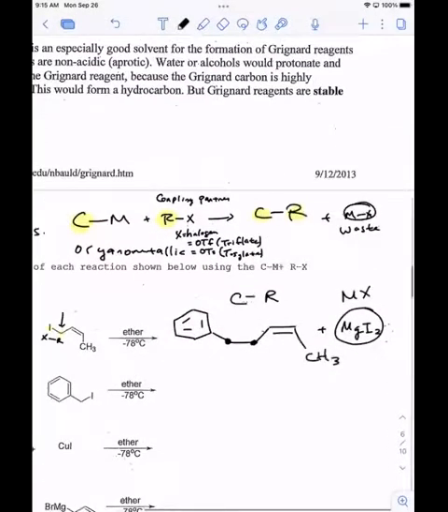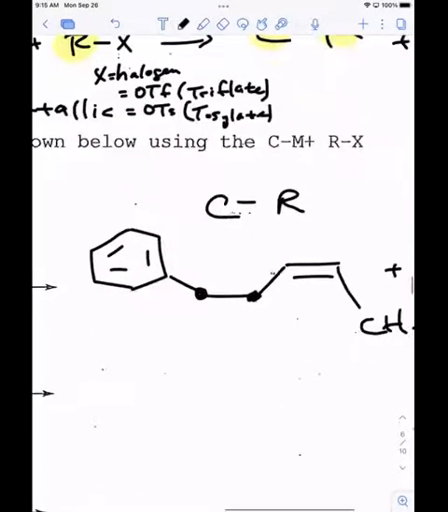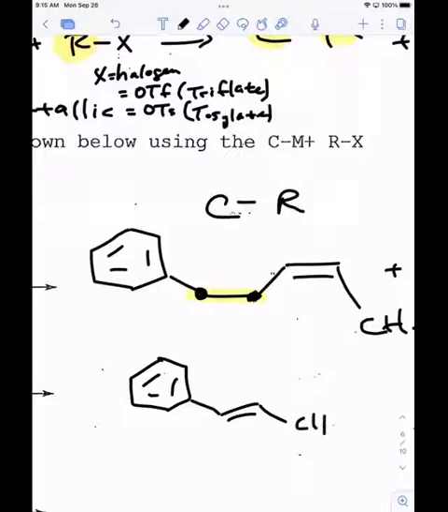Questions about that? It's important to understand this part right here. You can't just fuse those two together. I'm going to erase this, but I just want to show you what I'm talking about. If I were to just draw it like that, that's not correct.